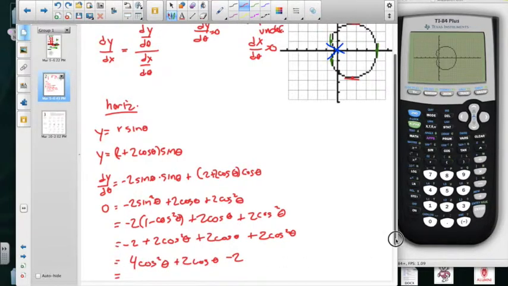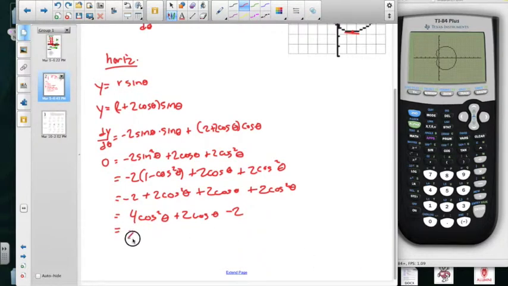And then when I factor out a 2, I've got 2 cosine squared theta plus cosine theta minus 1. And this is factorable. This is like 2u squared plus u minus 1. And so that factors into 2 cosine theta minus 1 and cosine theta plus 1.